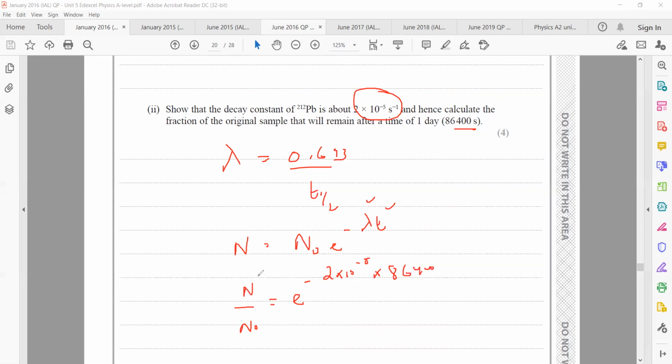What is the answer for this ratio N over N₀? e raised to the power of -2 × 10^-5 multiplied by 86,400. So N over N₀ left is 0.178. And that's a ratio, so it will not have a unit.